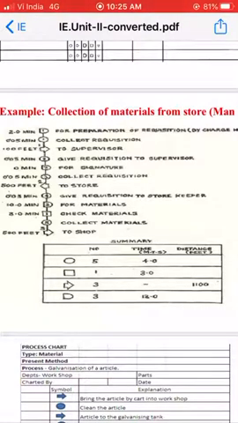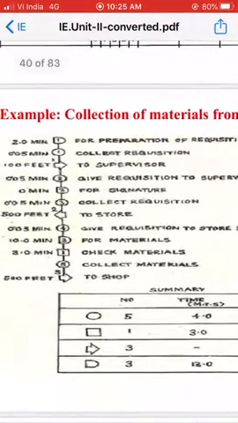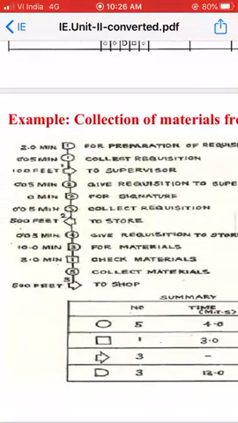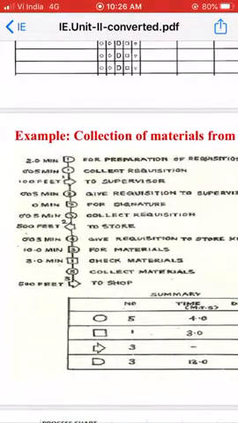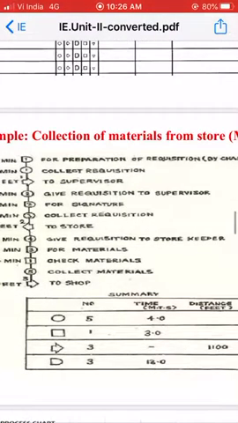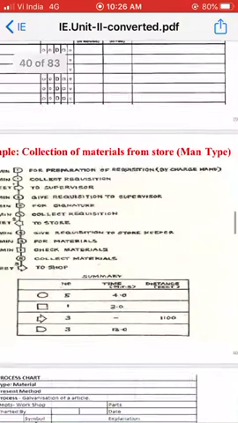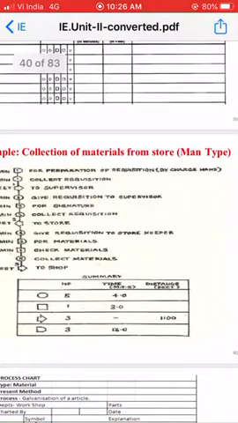The first activity is shown by the letter D, that is delay, for preparation of requisition. We need to prepare the requirements, so for this we show the activity by the letter D, that is delay.